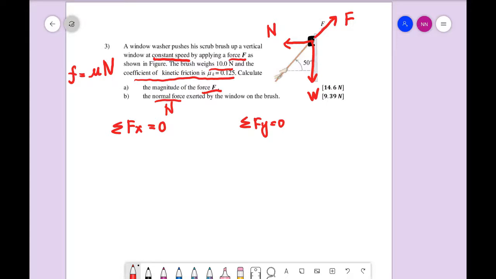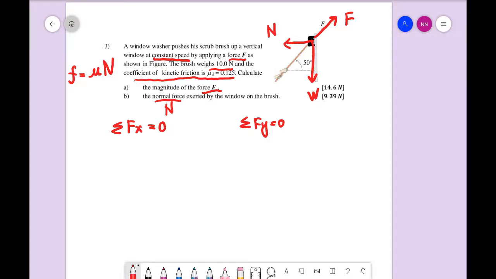Okay, so what is the direction of the friction? When we want to identify the direction of the friction, we have to find out the tendency of this object to move upward or downward.